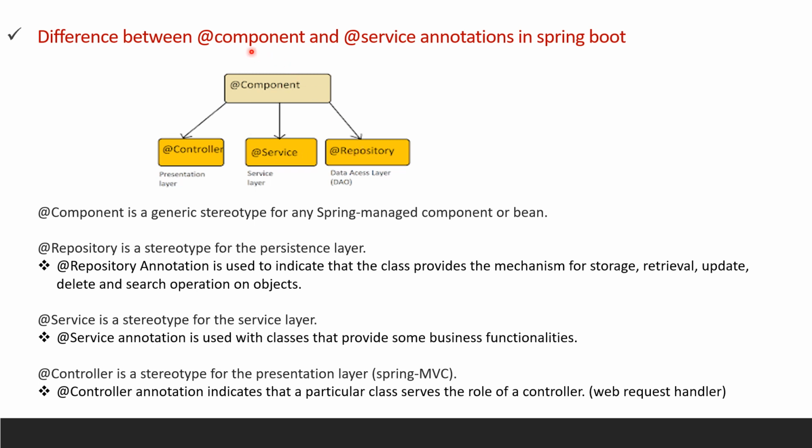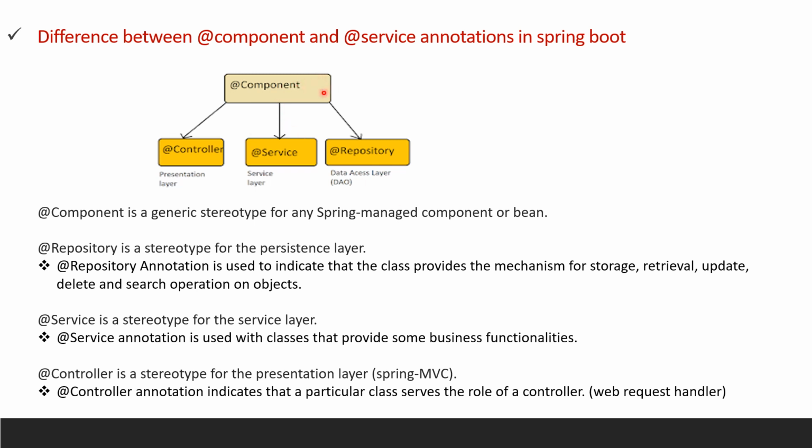Whenever we use these important annotations, we have to know them in detail in Spring Boot. @Component is a generic stereotype for any Spring managed component or bean. It is a class level annotation.